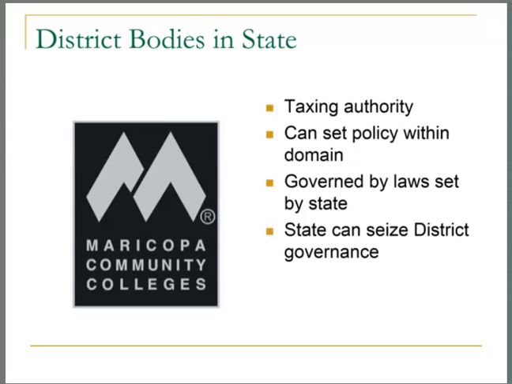There are health districts that are set up to administer hospitals, and school districts that run the local K through 12 school systems. There are stadium districts and library districts.